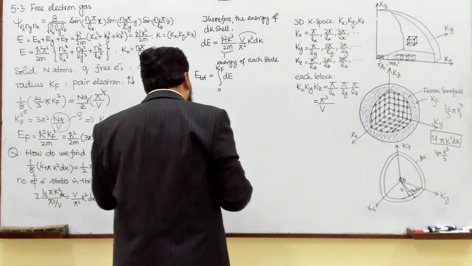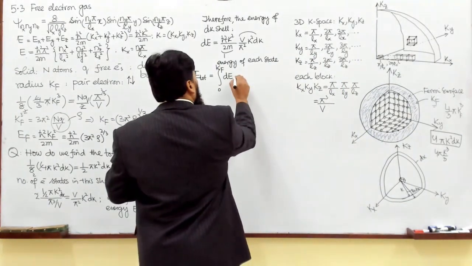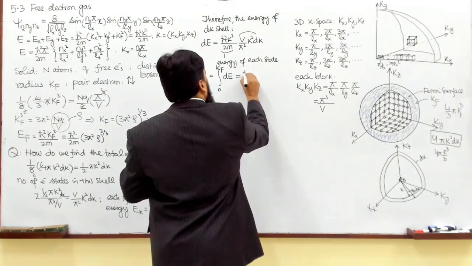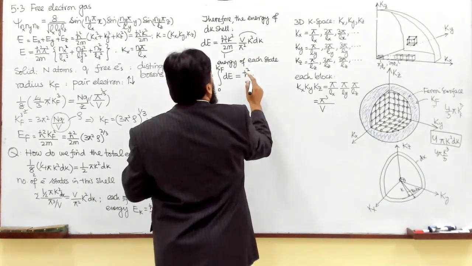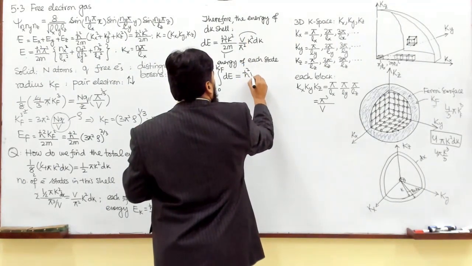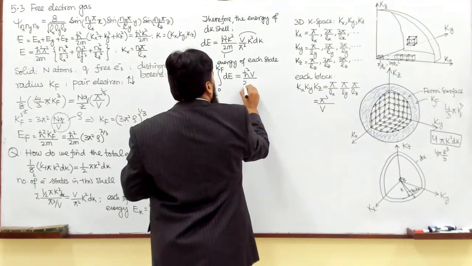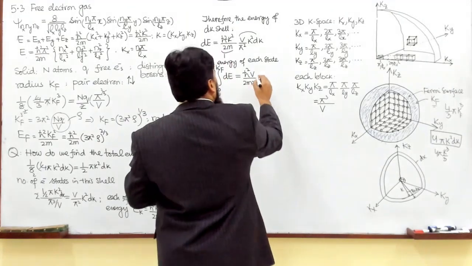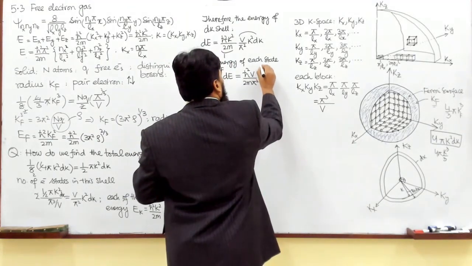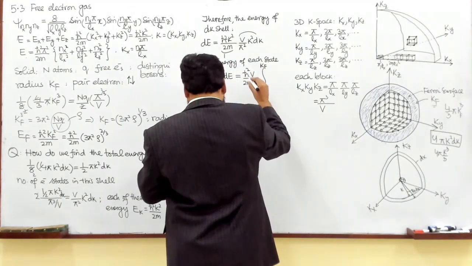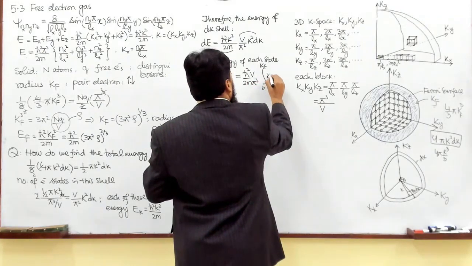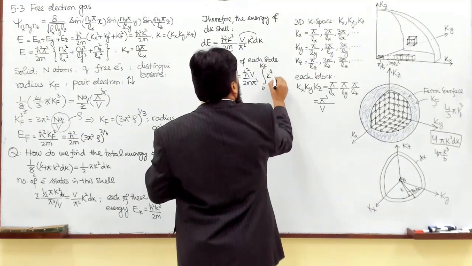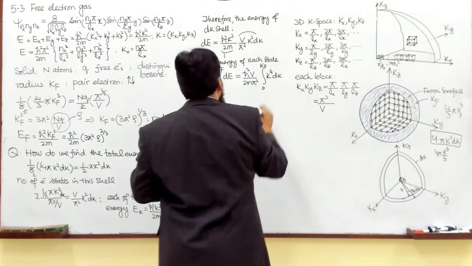So this is equal to the integral of dE, and now I do the integration. We will have h bar square V over 2m pi square. These are the constants, and then from 0 to kf, we have k square and k square, it becomes k4 dk.